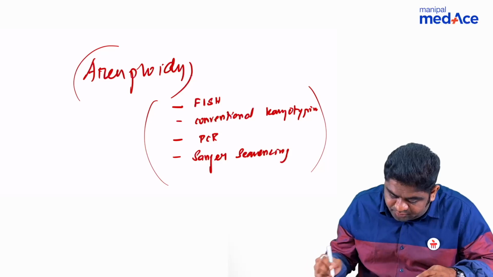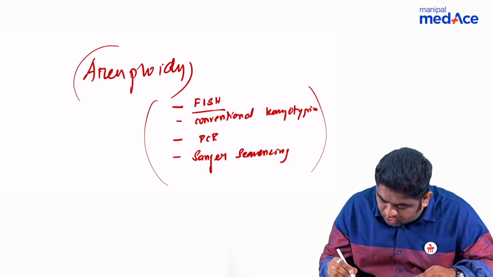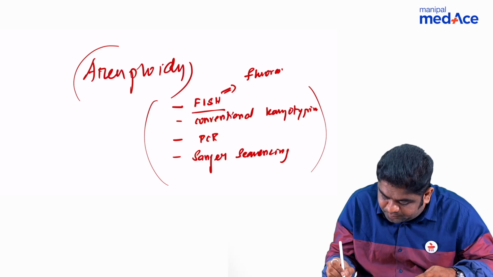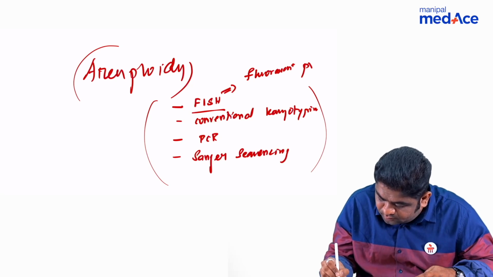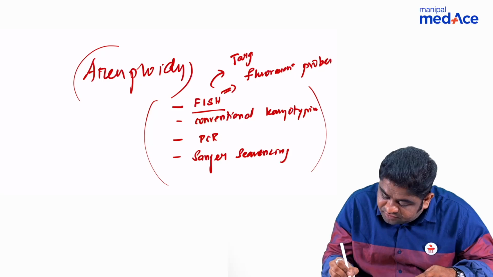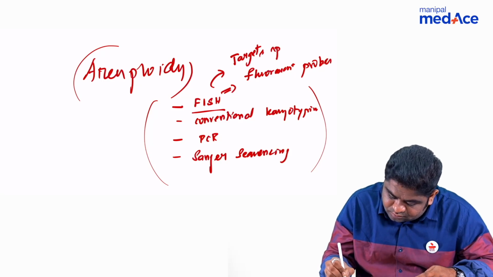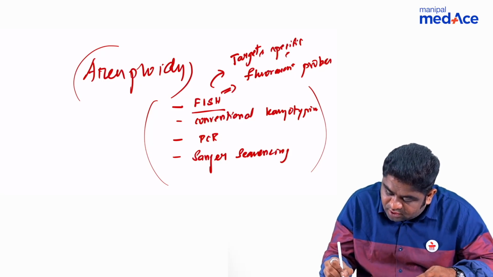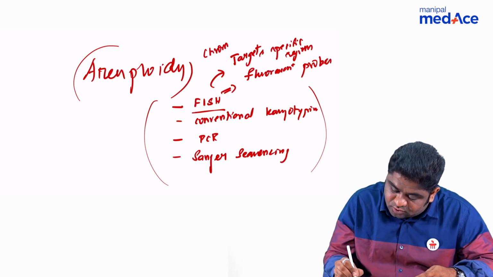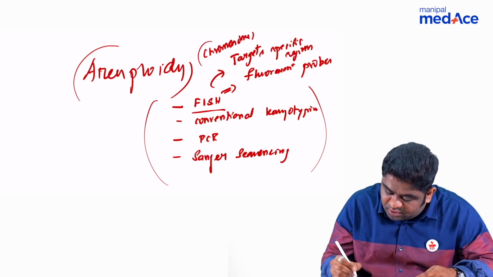So remember, FISH is a molecular cytogenetic technique that uses fluorescent probes. Point number 1, it targets specific zones or specific regions on chromosomes. So the best option can be FISH.